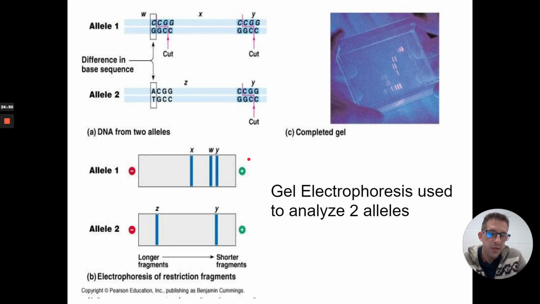So if you have allele 1, let's say it's sickle cell, maybe you produce 3 chunks, W, X, and Y, when your DNA is cut with the restriction enzyme. If you have allele number 2, maybe it's normal, you only have 2 chunks, Z and Y. And so in a gel electrophoresis, when you ran this DNA through the gel, 3 chunks would indicate you have allele number 1, or 2 chunks you have allele number 2, based on how the restriction enzymes cut a specific allele versus another.